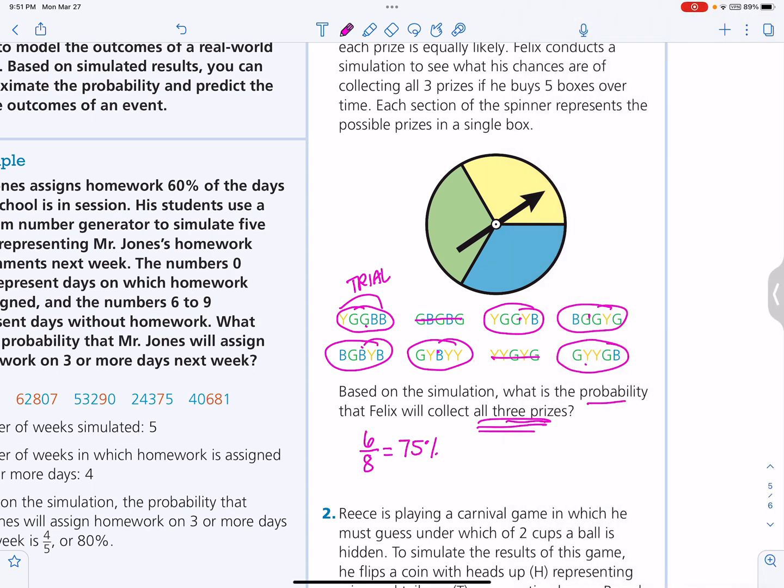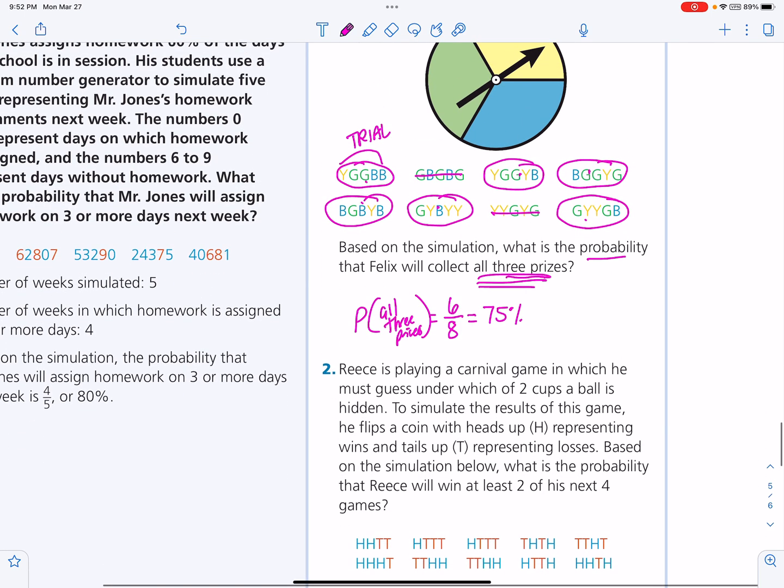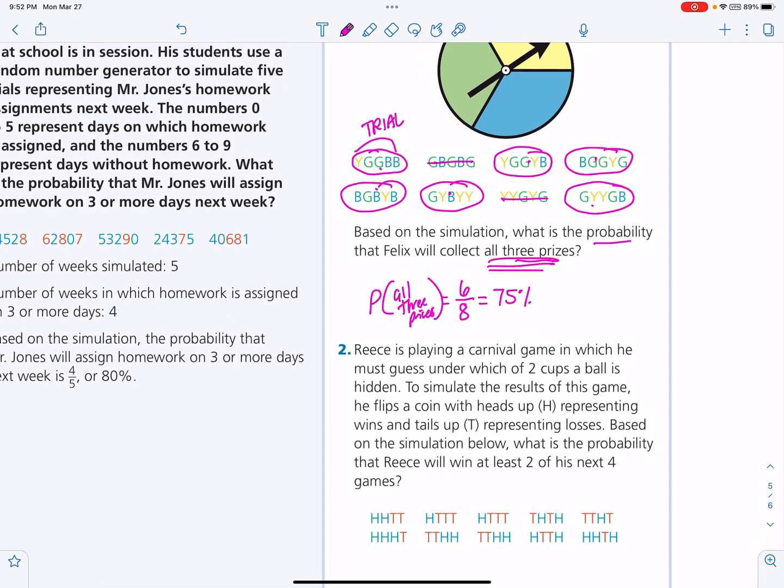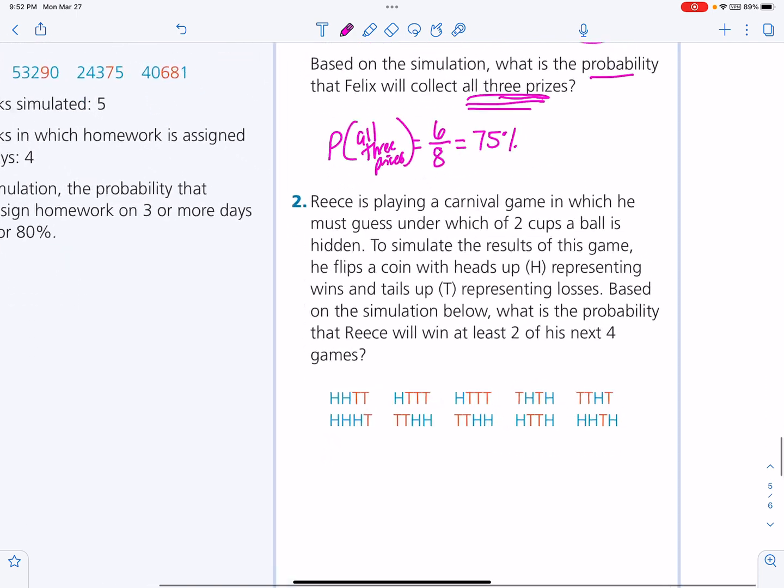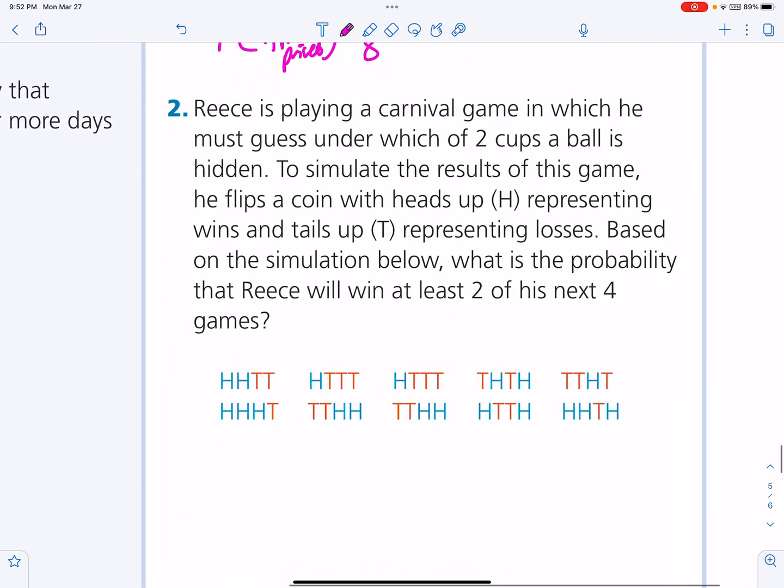And if I'm writing it with probability notation, it would look like this: the probability of all 3 prizes. Okay, and that would be my answer. You are going to have to identify the probability. One very similar to number 2, wink, wink.